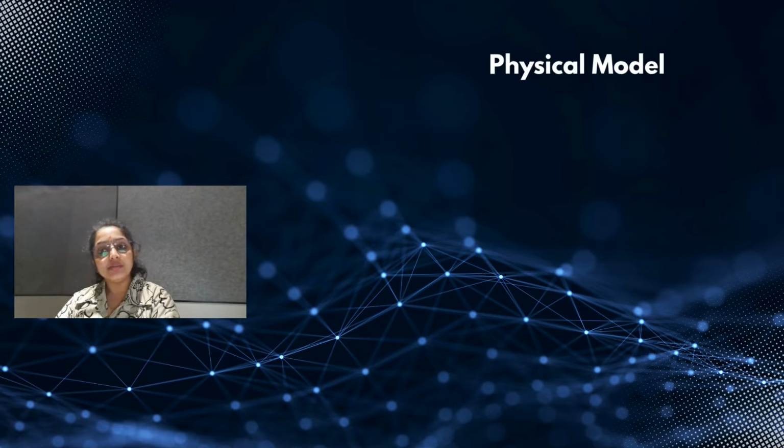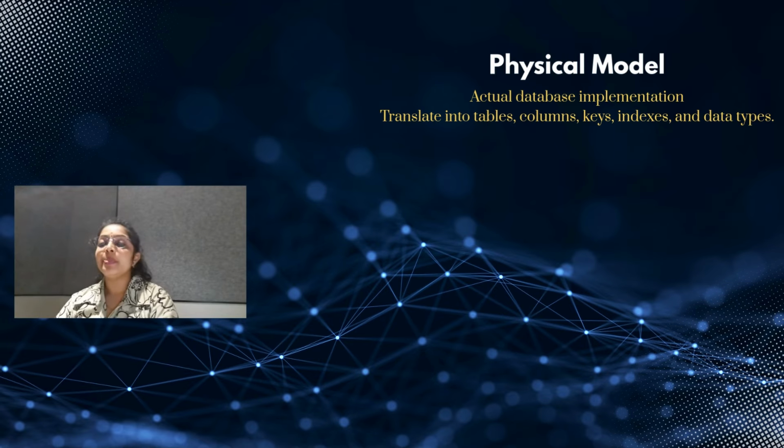The physical model is one step ahead of the logical model. In the logical model we got to know that customer id, customer name, and customer email will be present in the customer table. But what is the type of each? For example, for name, can I keep it as int? No, because a name cannot be numbers. So I'll declare name as a string type. So it is more detailing.